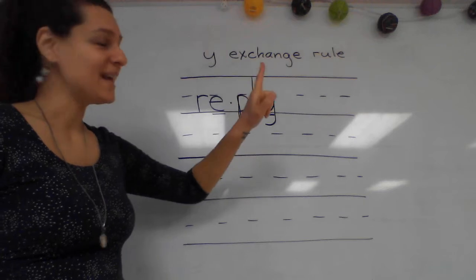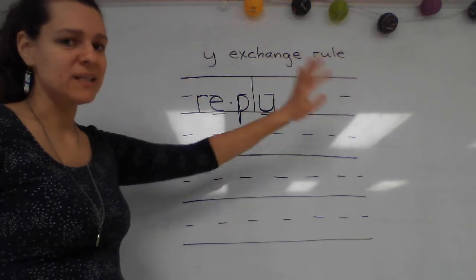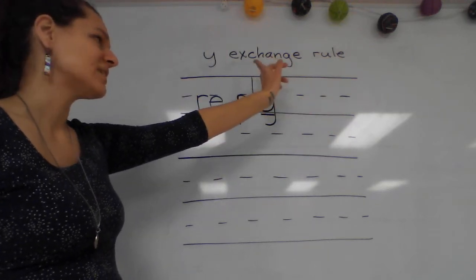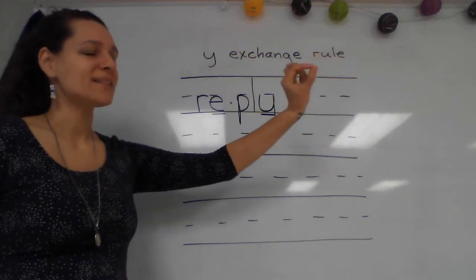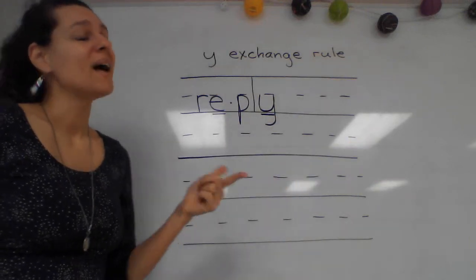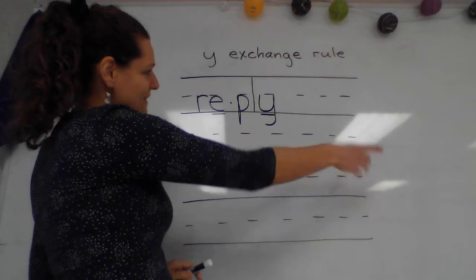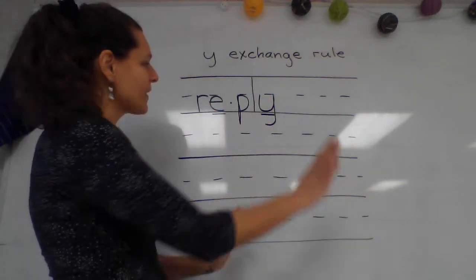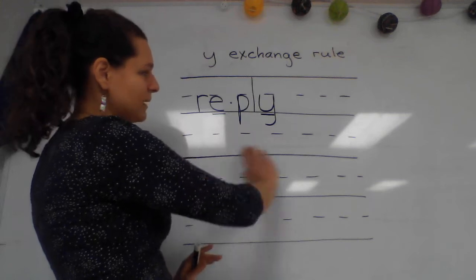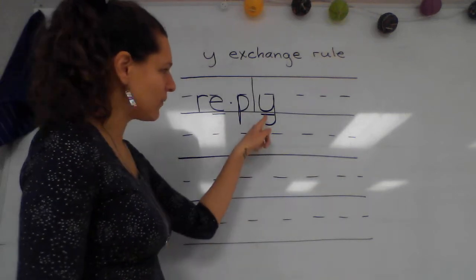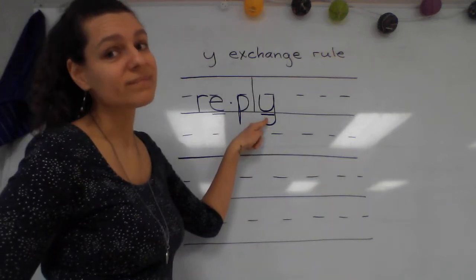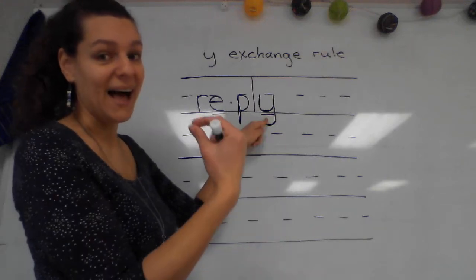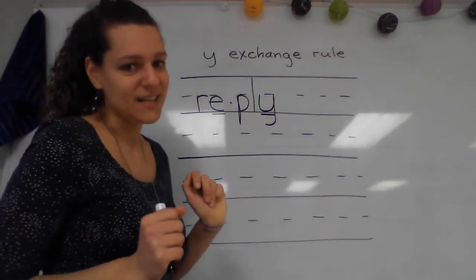It doesn't. We don't use our Y exchange rule if our suffix starts with an I. But since it does not start with an I, we're going to use our Y exchange rule. That means when we're writing replied, what are we going to trade our Y for? Excellent. We're going to trade it for an I, and then we'll add our suffix.